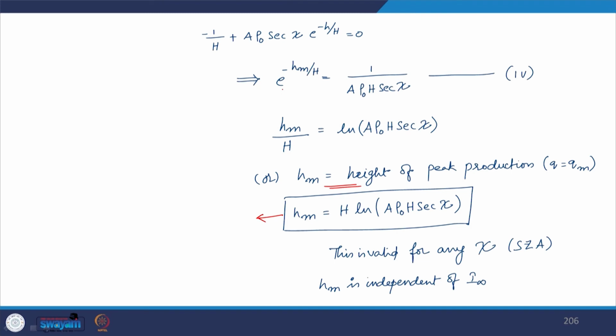Now from equation 4 we can write that e to the power of hm by capital H is alpha rho naught H secant chi.